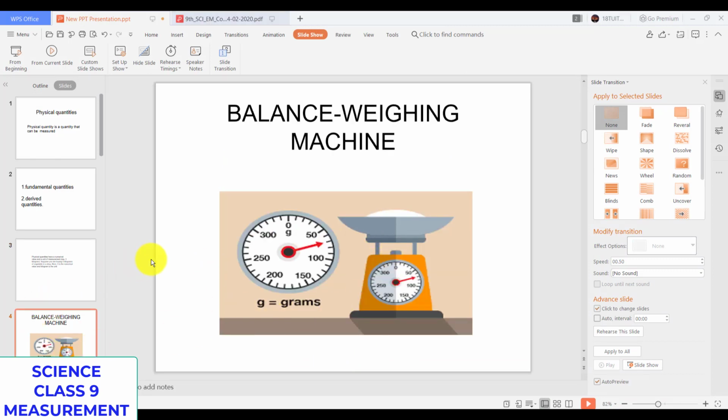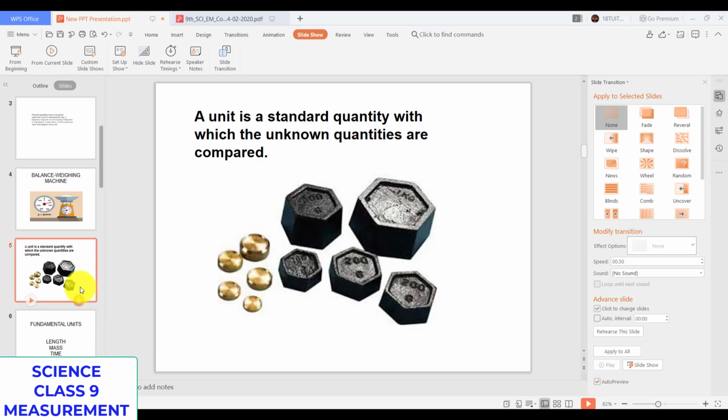This is the balance, and using this balance you are weighing and measuring the mass of the object, is it not? Then next, these are all the basic standard weights, is it not? 1 kilogram, 100 grams, 200 grams, like that we have standard ones.